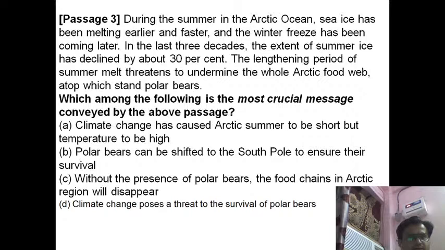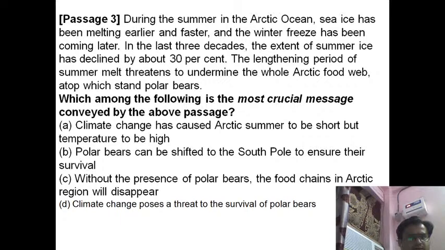The message has been really crucial, and it is suggesting that atop which stand polar bears, the whole discussion is targeting the survival of the polar bears. So this is the hidden point, and this is really important here.